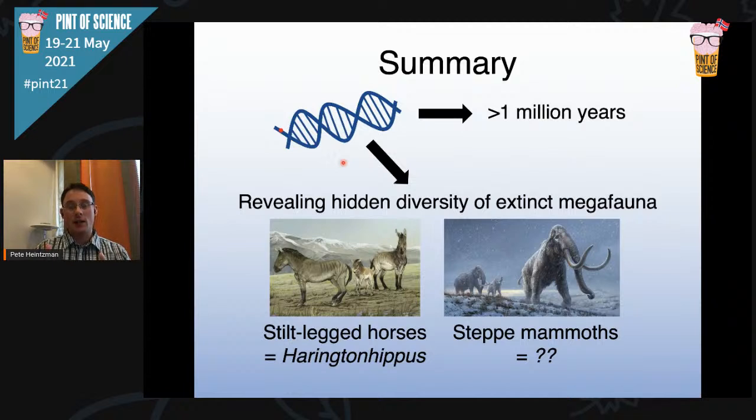So basically, was it human hunting? Was it climate change? Or was it a bit of each? And then what we had were just ecological cascades, which basically just meant that huge swathes of the megafauna disappeared because they were reliant on one another. And these are questions that hopefully will be resolved in the not so distant future.